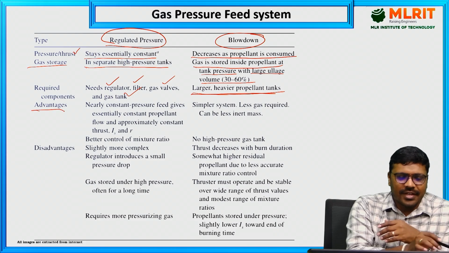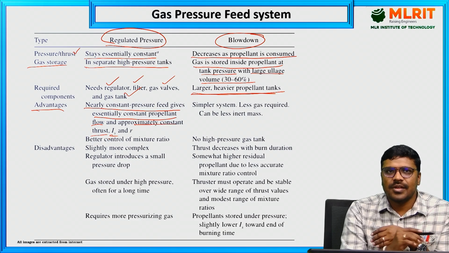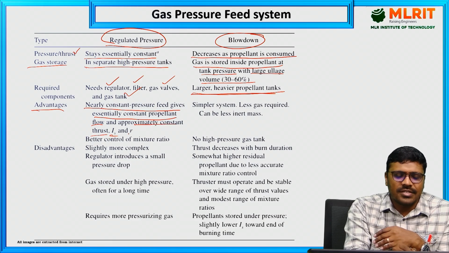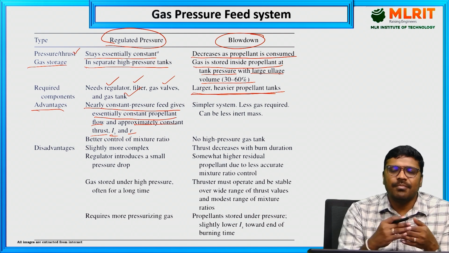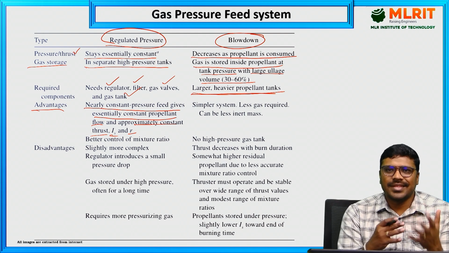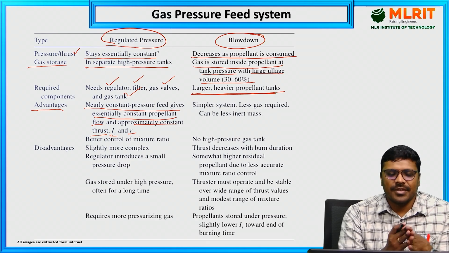Coming to the advantages, nearly constant pressure feed gives essentially constant propellant flow and approximately constant thrust and specific impulse, and constant burning rate. We can maintain constant propellant thrust in regulated pressure mode.